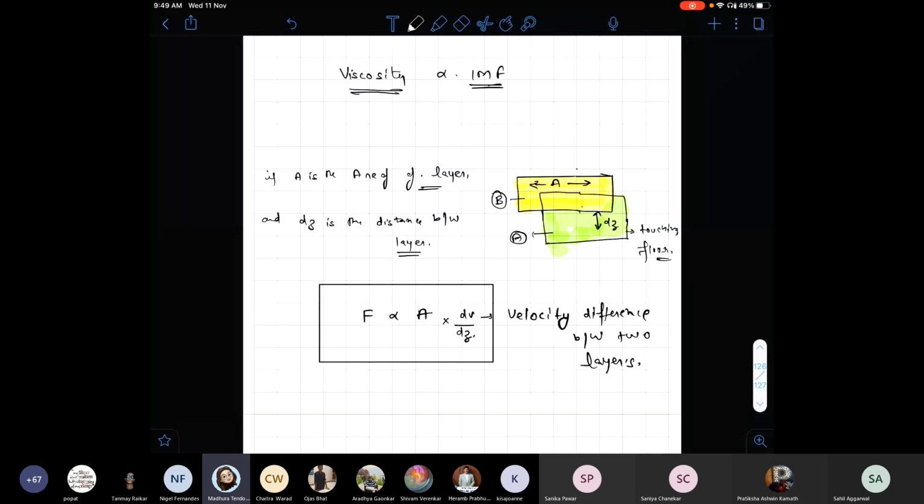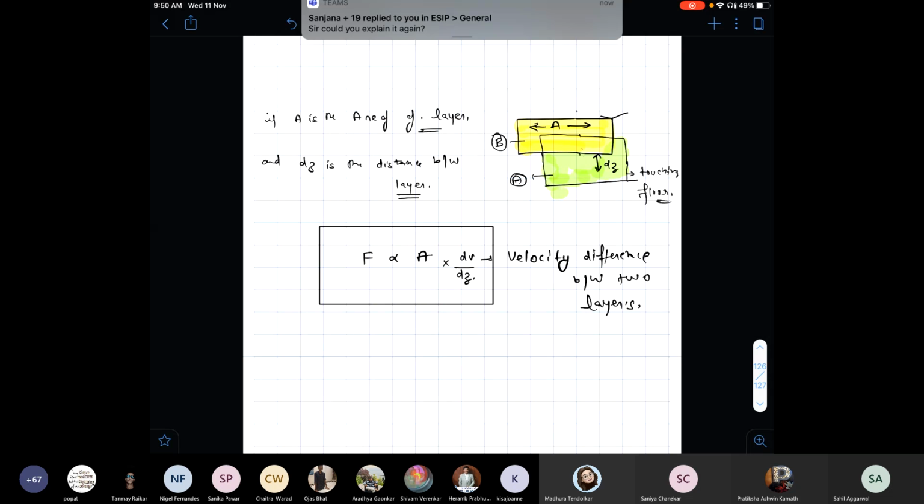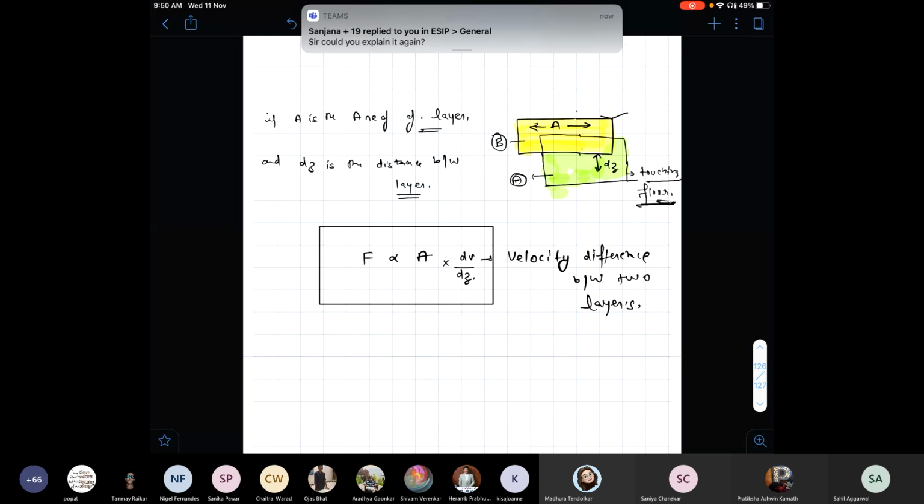Sir, can you explain again? I said we had two layers, layer A and layer B. B layer was directly touching the surface and A layer was above B layer. Or you can say this A layer is touching the surface and B layer is above A layer.